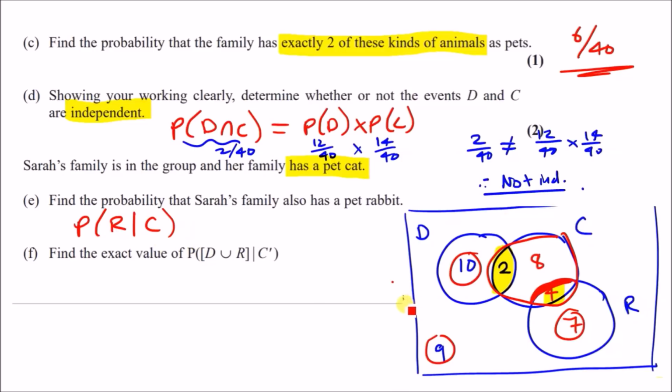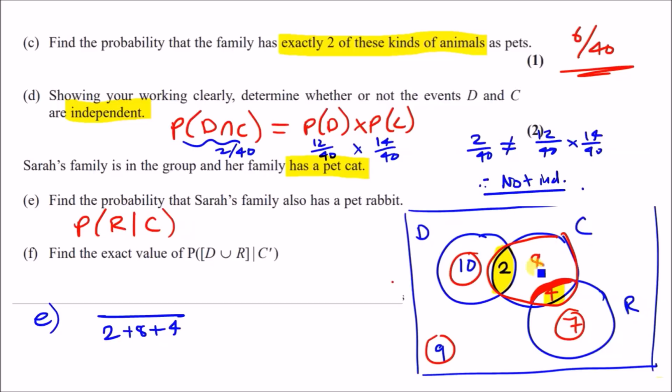Now, this isn't so bad. When they tell you a given information, we know that Sarah's family is in the interval of cat, which is the red circle I highlighted. So everything out of these 3 numbers. So for part E, we can say the total is out of 2 plus 8 plus 4, right? 14. So the whole cat. And we want to find the probability that within this circle, it's always like that in the given question, within that circle, Sarah's family also has a rabbit.